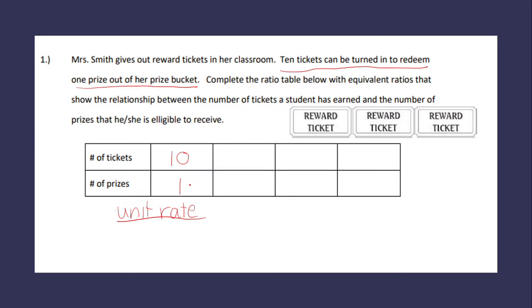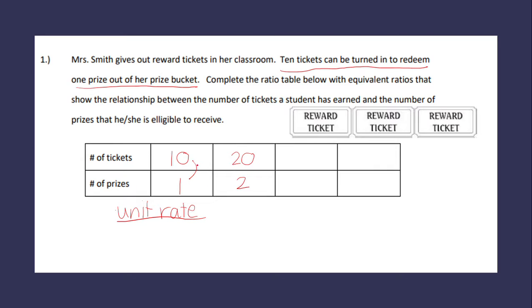All right, if we were just going to continue and we had 20 tickets, how many prizes would you get? So that would be 2. So if we're looking at the proportional relationship, in other words, how are we getting from 10 to 1 every time?